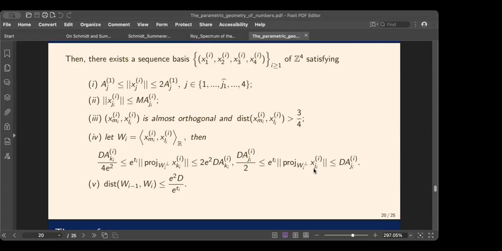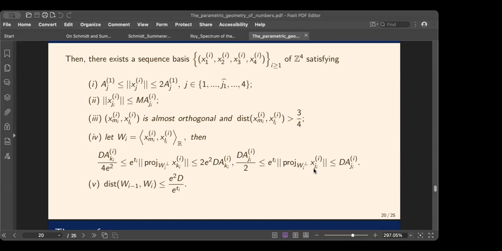I think in these five conditions, condition 1, condition 3, and condition 5 didn't depend on the choice of xji. So no matter whether we change xji or not, it doesn't affect conditions 1, 3, and 5. So we can always construct a Cauchy sequence of subspaces.